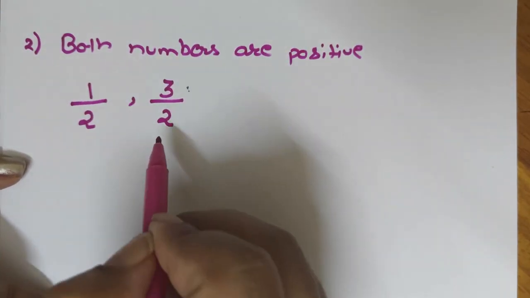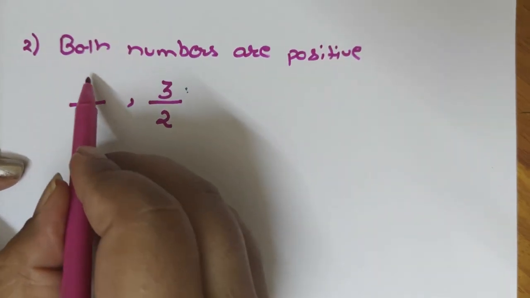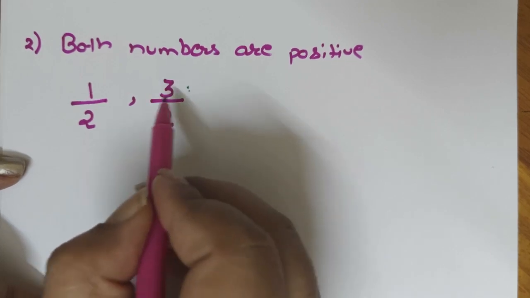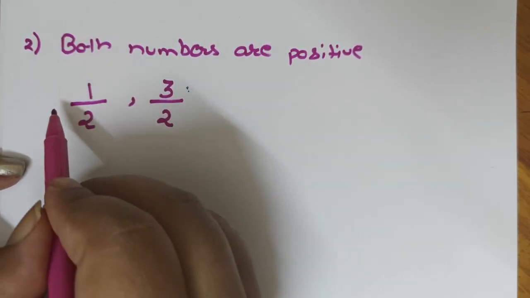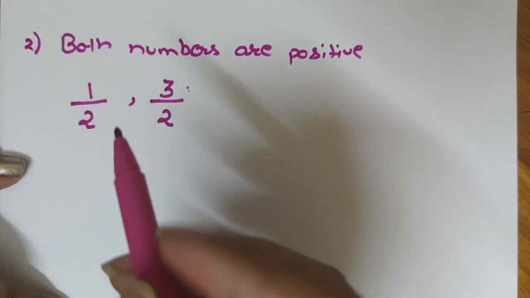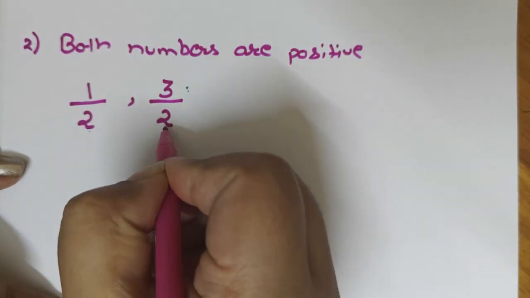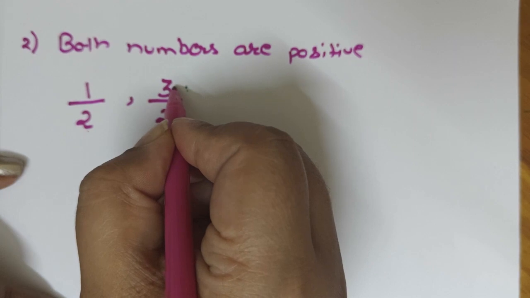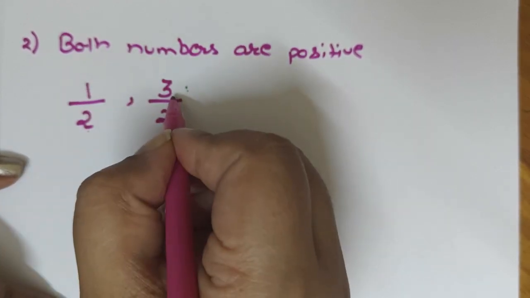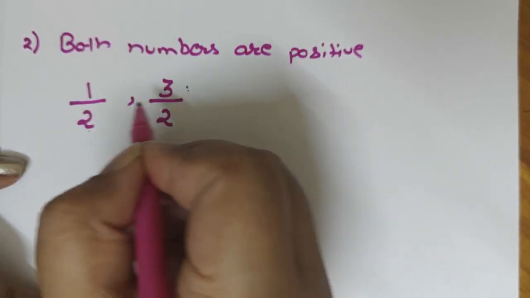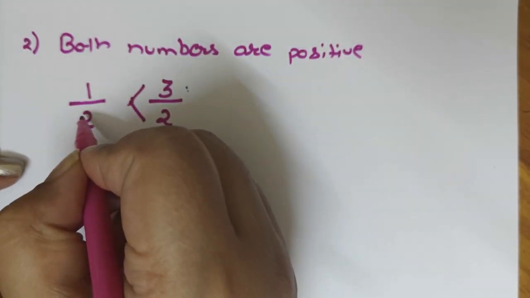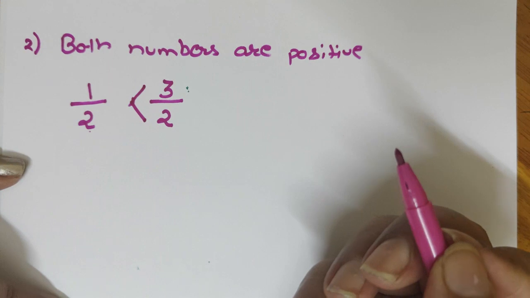When the denominator is the same, whichever rational number's numerator is bigger, that rational number will be bigger than the other one. So both denominators are equal. Here this is 3 and this is 1. So 3 is greater than 1, so that means 3 by 2 is greater than 1 by 2.